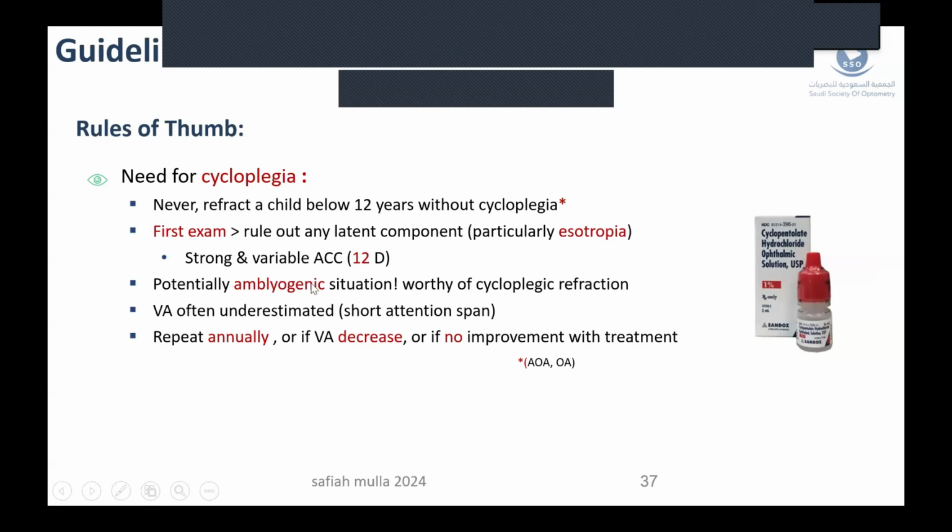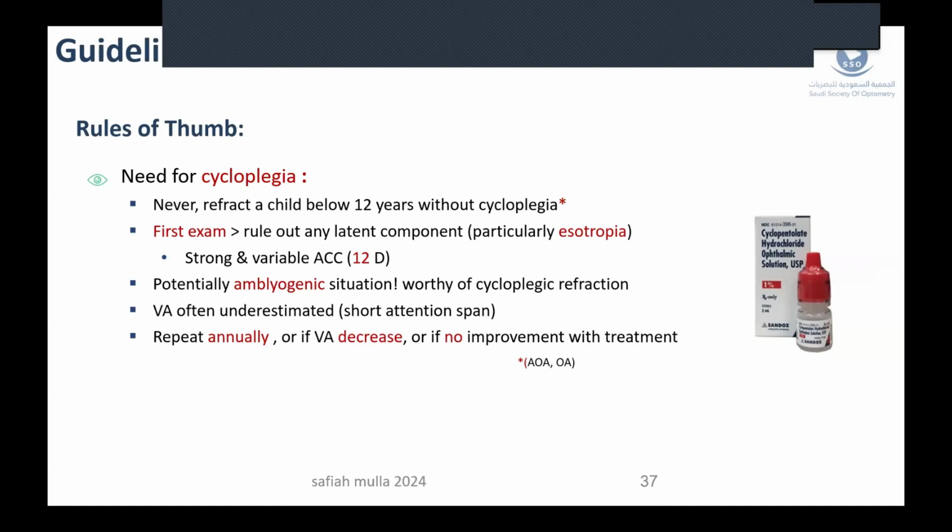Again, in potentially amblyogenic situations, if you are thinking that the child could have amblyopia, then you need to do a cyclorefraction. Sometimes you have a visual acuity from the child, but it will be underestimated because the child is unhappy, bored, or sleepy.